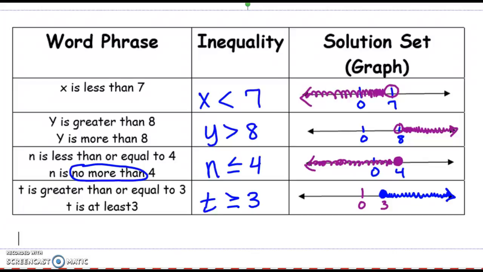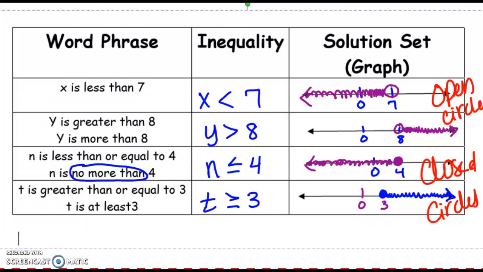All right, so the top 2 had open circles on the actual number. The bottom 2 have closed circles on the actual number.